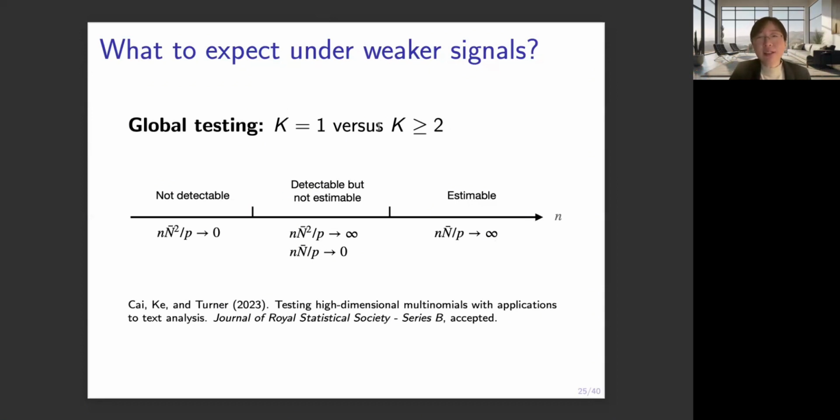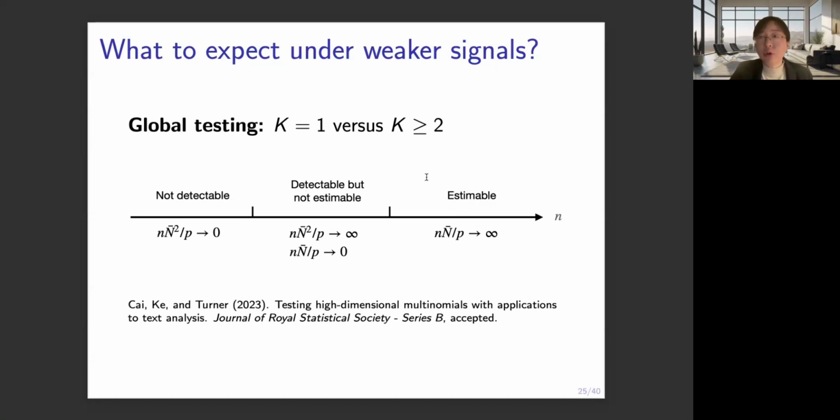Okay, so this global testing problem is analogous to this global testing in many other high-dimensional problems. And in this paper, we found that the signal strength required for global testing is indeed strictly lower than the signal strength required for estimation. Okay, so it indeed requires weaker signals.